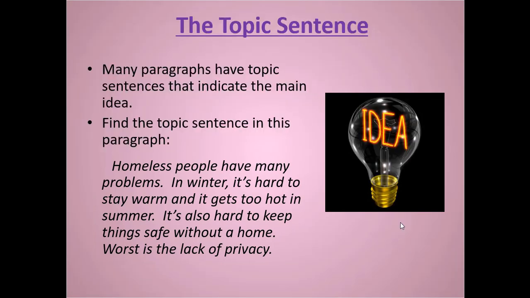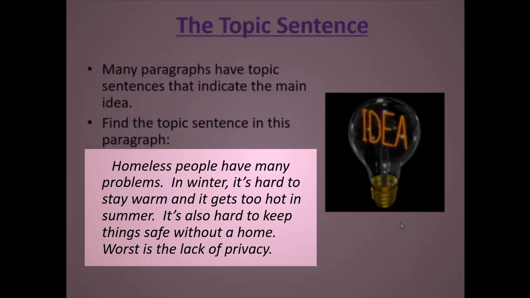So we can expect this text talks about homeless people and the problems they experience. And what problems do these people experience? Look, in the second sentence, it says in winter it's hard to stay warm, it gets too hot in summer, and also it's hard for them to keep things safe without a home, and they have no privacy.